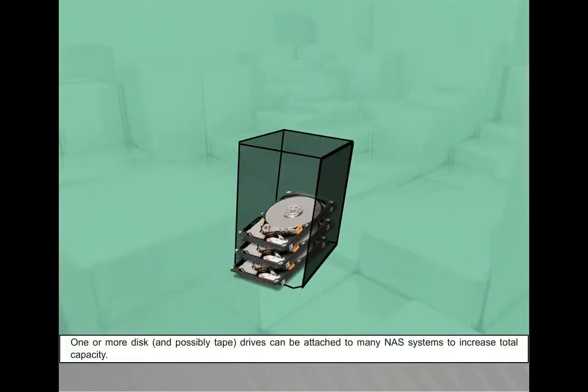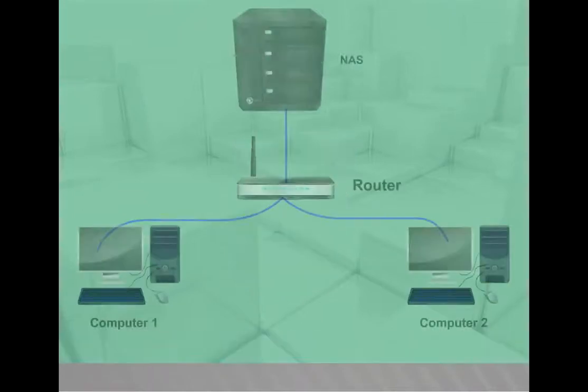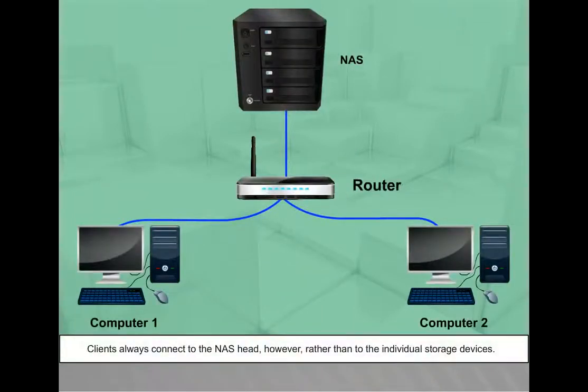One or more disk and possibly tape drives can be attached to many NAS systems to increase total capacity. Clients always connect to the NAS head, however, rather than to the individual storage devices.